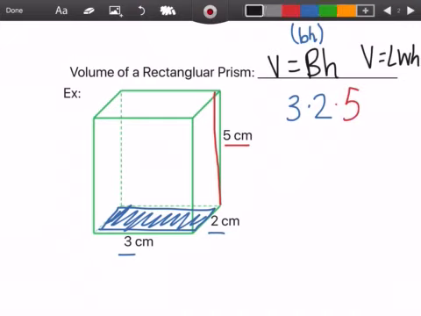All right, so we're going to multiply these three things together. 3 times 2 is 6, and 6 times 5 is 30. So our volume is 30 centimeters, and it's cubed this time because we're multiplying 3 of the dimensions. All right, 30 centimeters cubed, pretty straightforward.